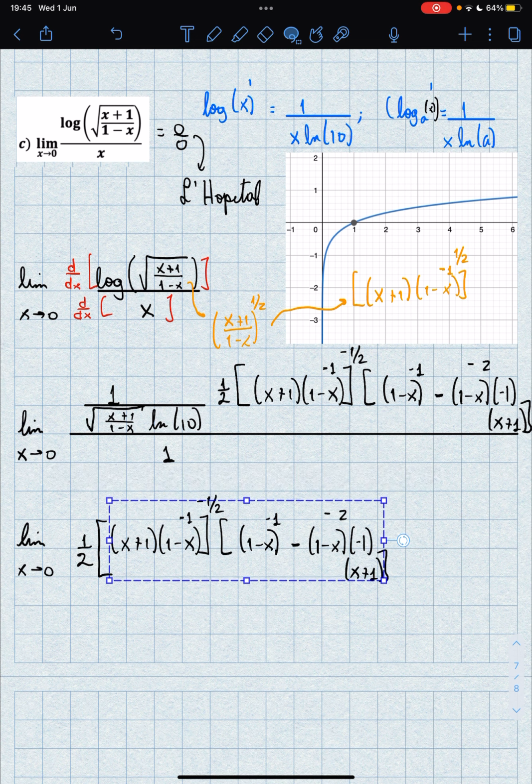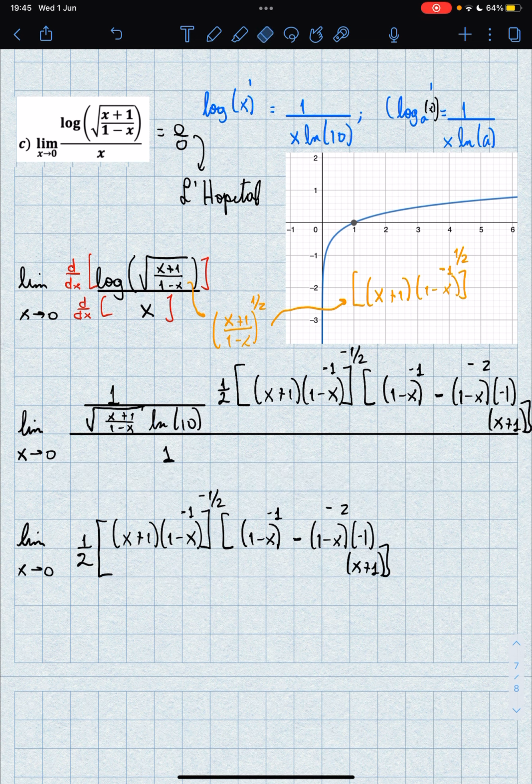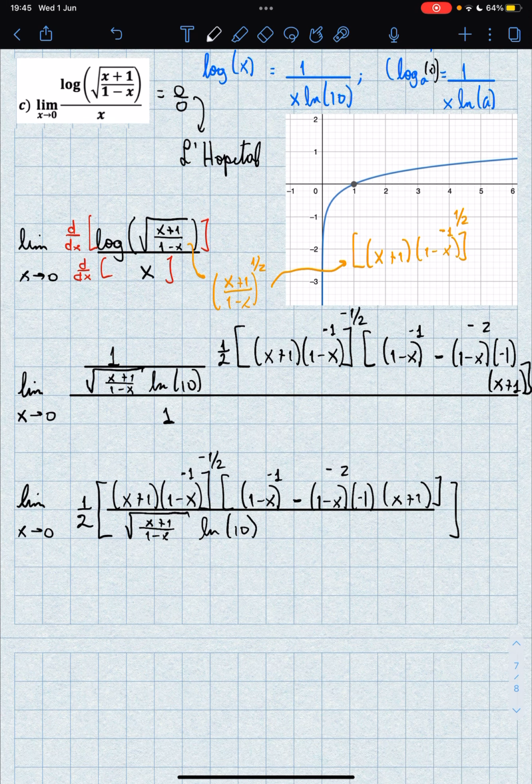Like that, right? Here I'm going to change this and write x plus 1, right? And of course here, okay. And this is going to be x plus 1, 1 minus x, right? Natural logarithm of 10. Perfect, guys. So now we have to plug this one in, okay?